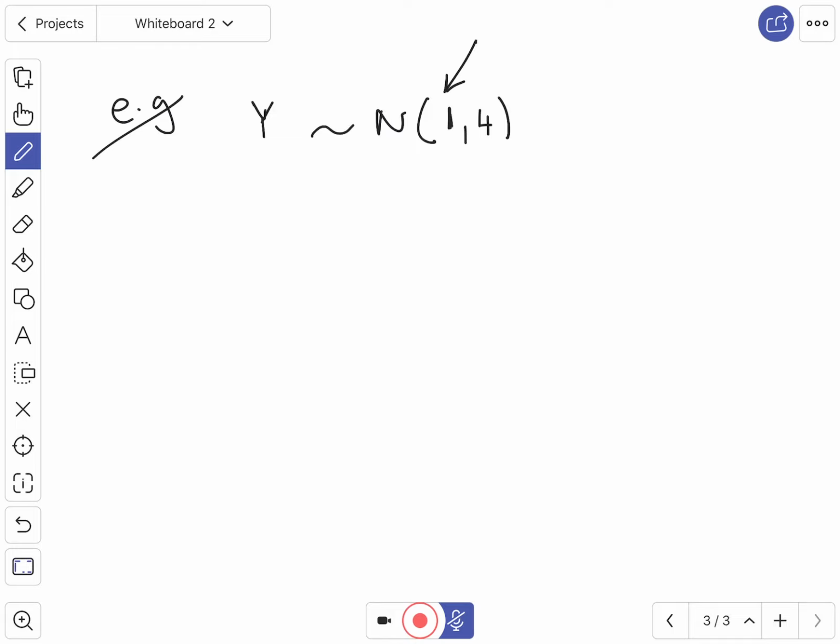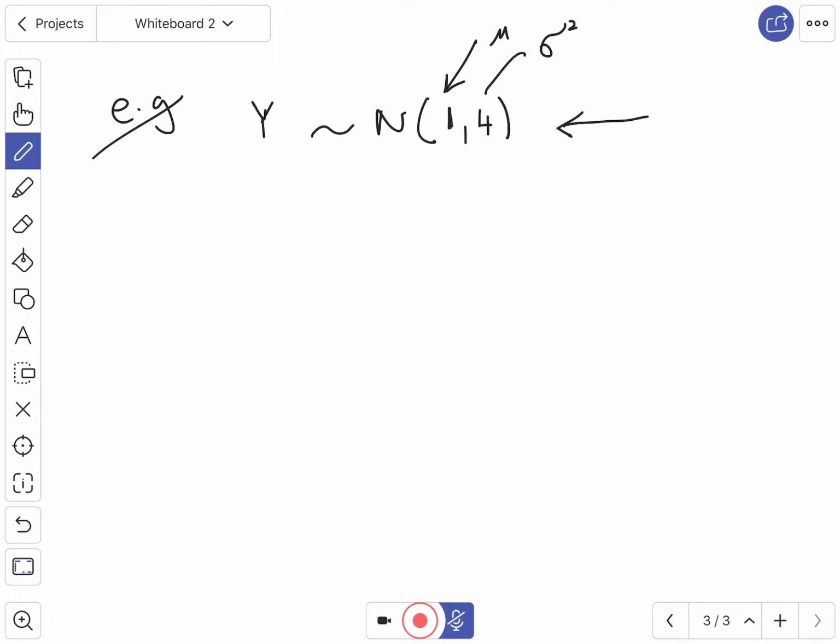So remember, this is the mu, this is the mean, and this is the variance. I have a certain variable that has an average of 1 and variance of 4. I cannot use the standard normal table to answer questions about this variable. For example, what's the probability that y is less than or equal to 4? I cannot answer this question if this variable is not standardized.